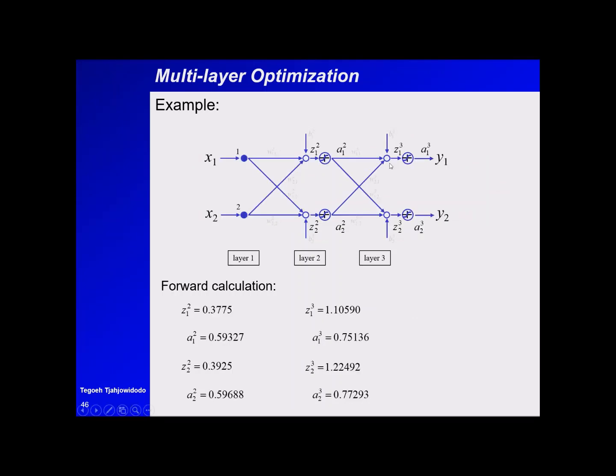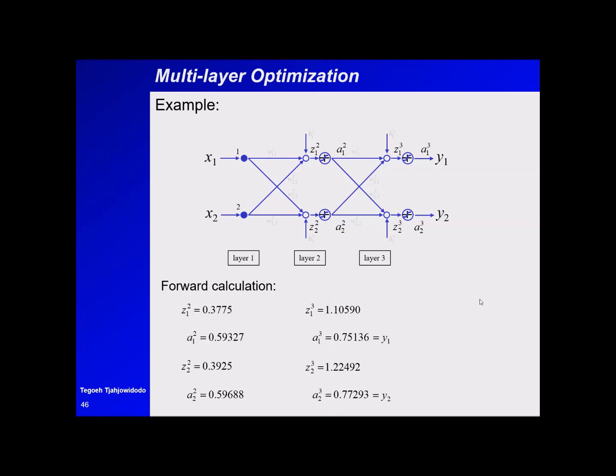I move again to these two nodes and calculate Z13 and Z23. Then from there, you calculate the output of the activation function. You will get A13 and A23, where basically A13 is your Y1 and A23 is your Y2, right? Please check all of these values, whether I calculated correctly or not.